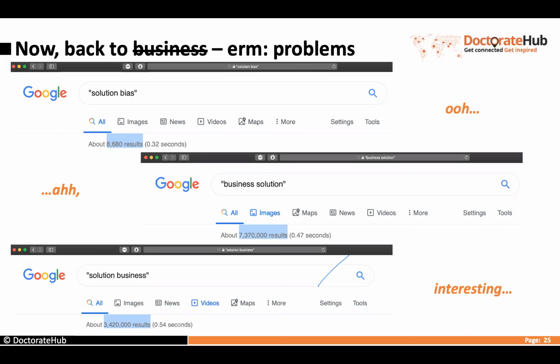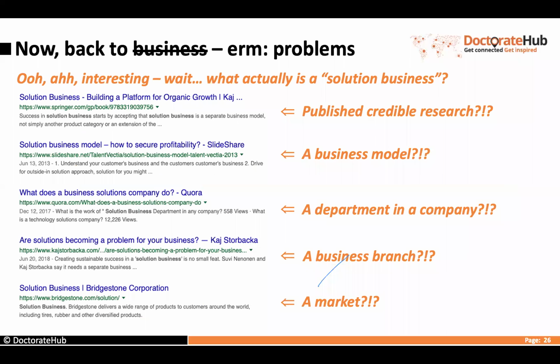And now let's look into the third Google result by Googling for solution business. 3 million something results. Now ask yourself, what is a solution business? Those were some results that Google was producing, and it is pointing to even some very well-established journals in the scientific field.